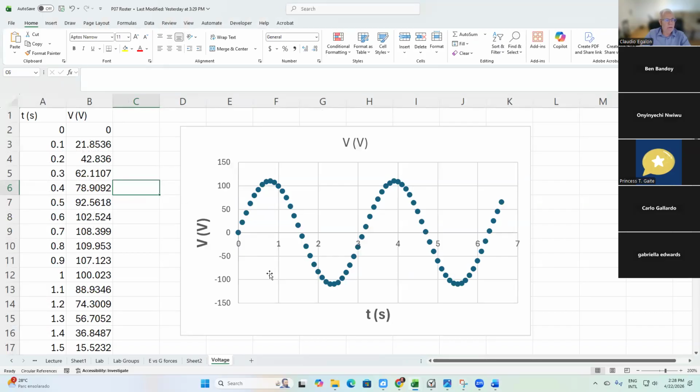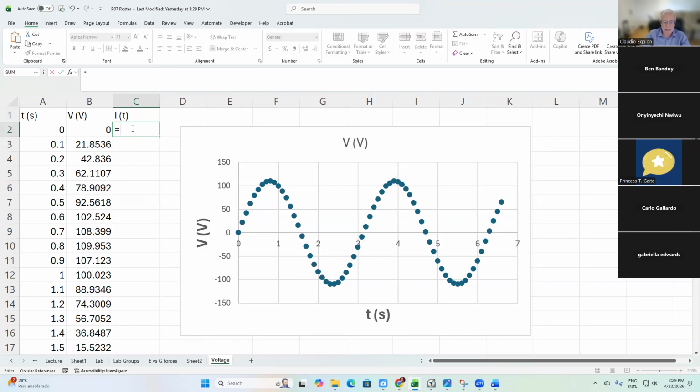Here's the graph of the voltage, right? If I plot the graph of the current of an AC circuit, the value of the current is going to start exactly in the same spot.